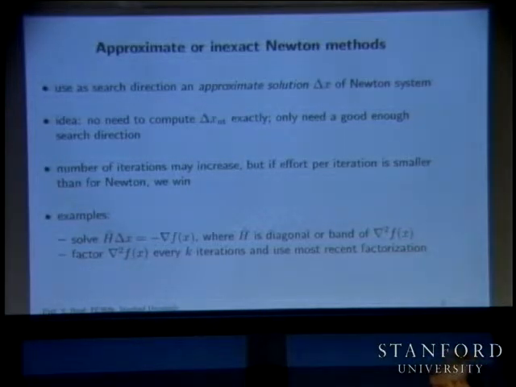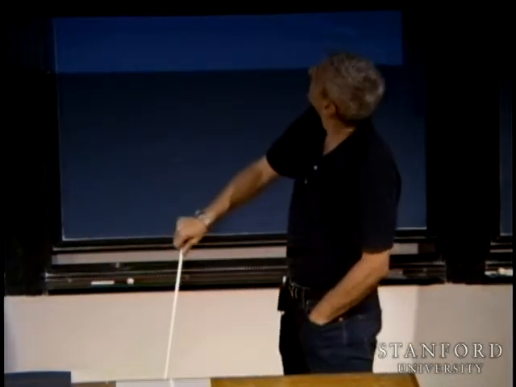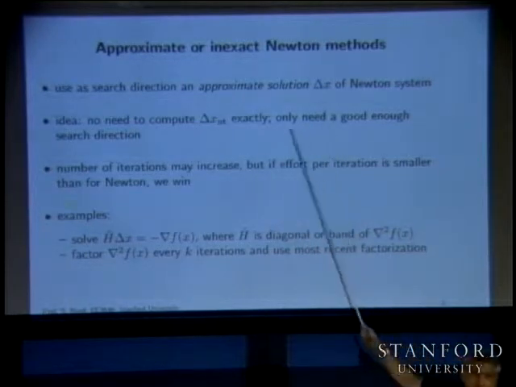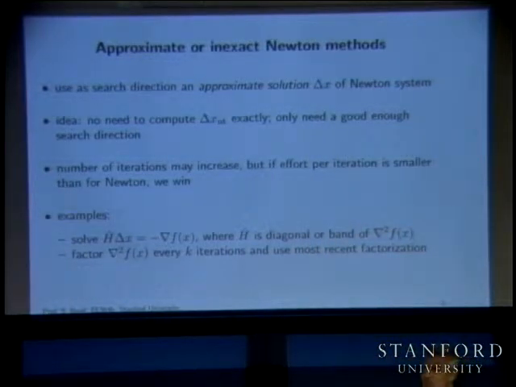By the way, as to whether or not it's going to make progress at all, it'll always make progress, because almost any method for approximately solving the Newton step is going to generate a descent direction. And so convergence of the methods, at least theoretically, is guaranteed. What you can lose is things like quadratic terminal convergence.